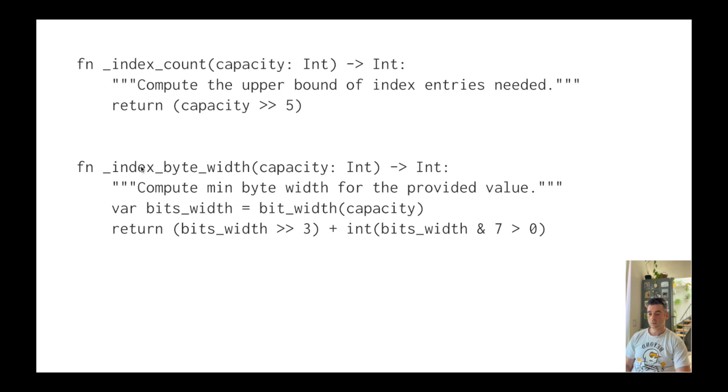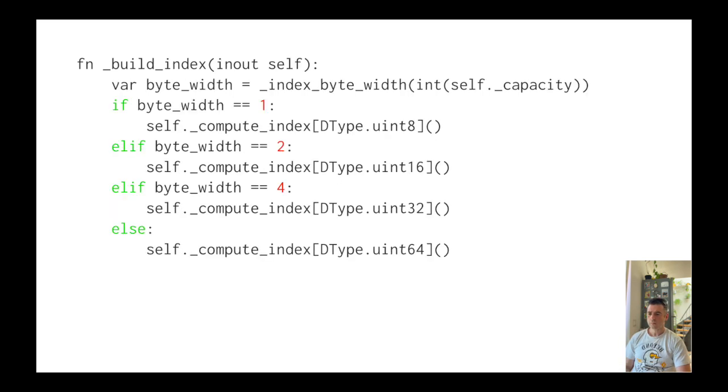So here we just say index byte width, meaning byte width for the provided value, which is just bit width divided by 8, ceil. So round it up. Okay, build index.